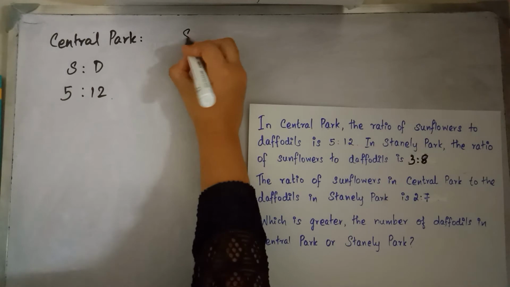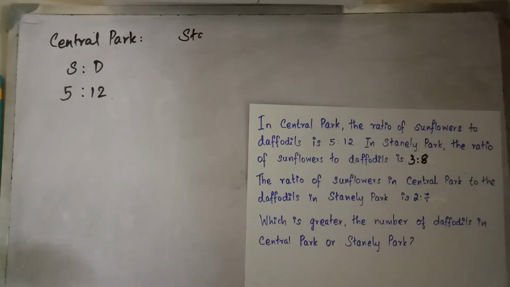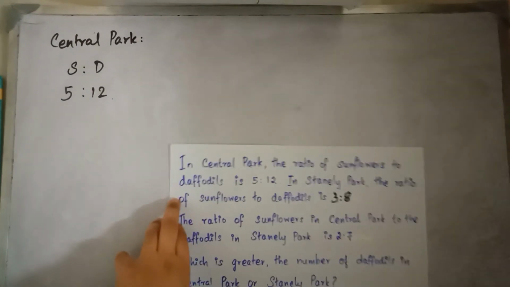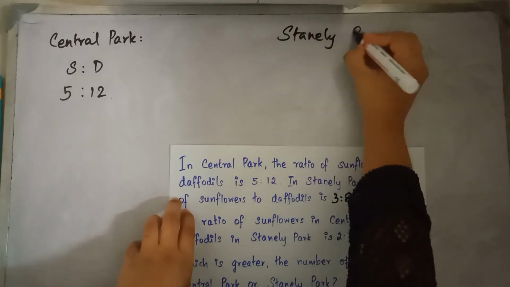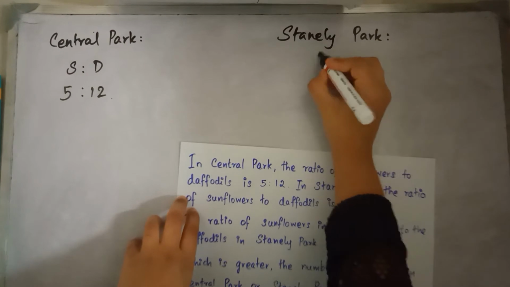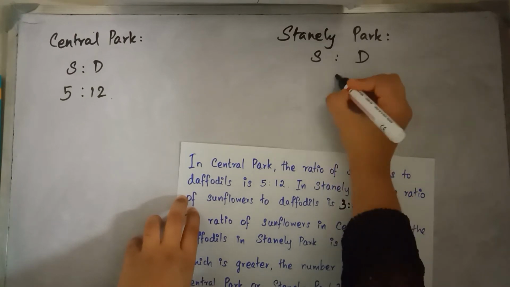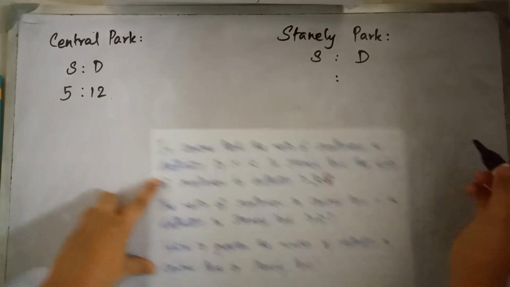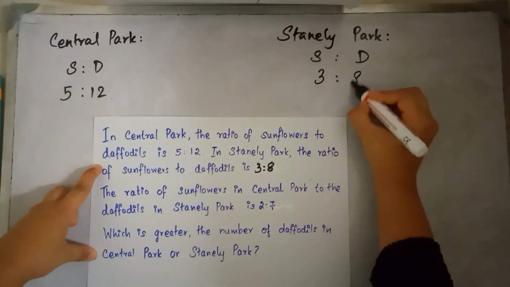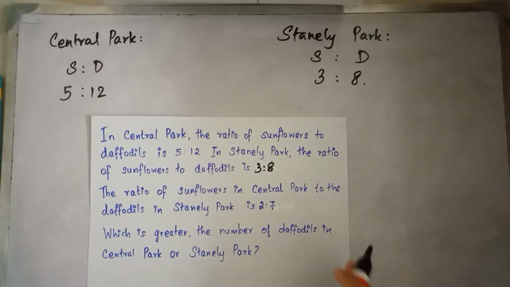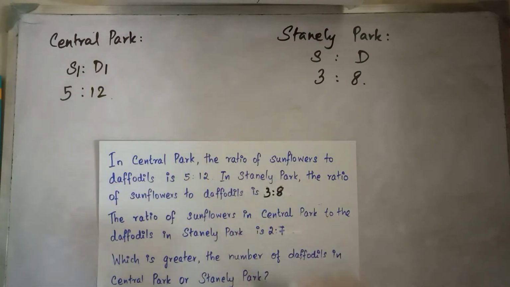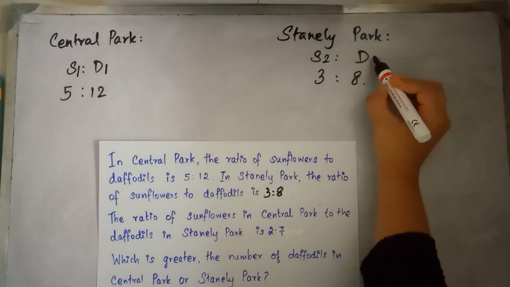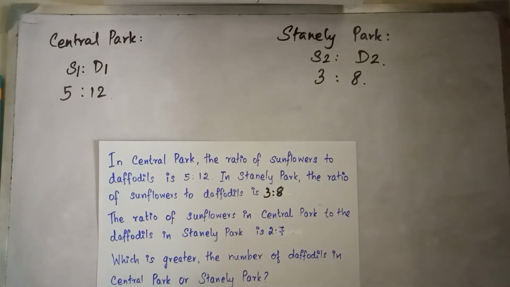In Stanley Park, the ratio of sunflowers to daffodils is 3:8. Now I'll be having sunflowers in Central Park as S1 and daffodils as D1, and over here S2 and D2. This is to avoid any confusion.